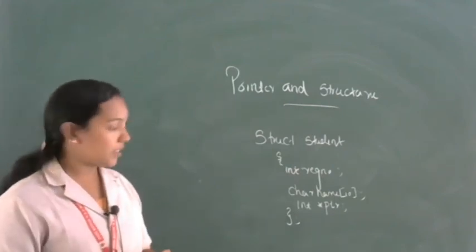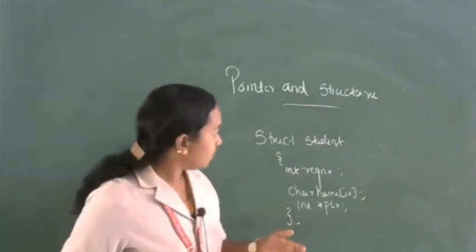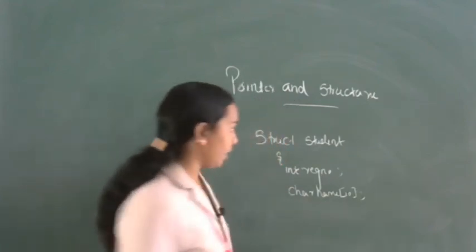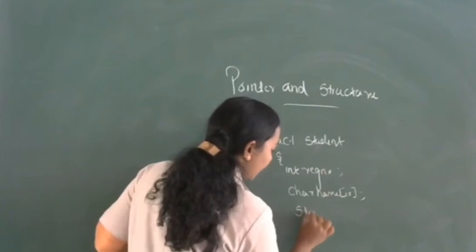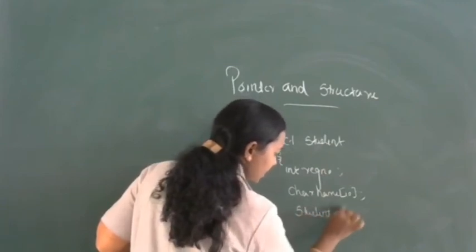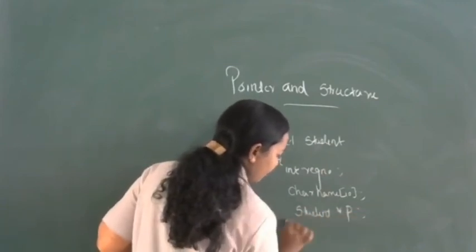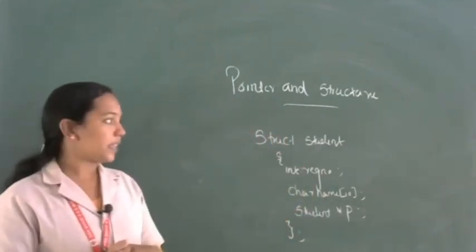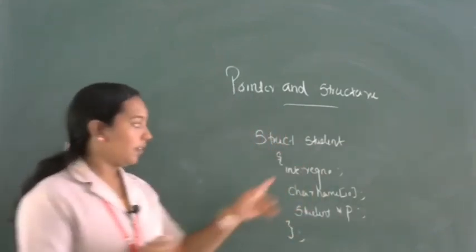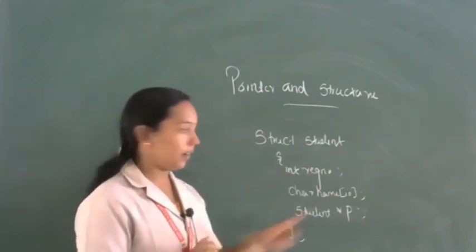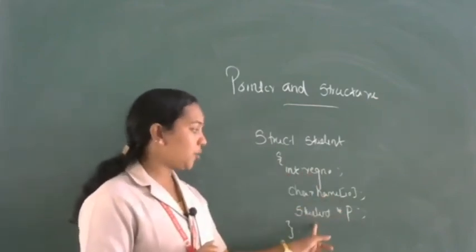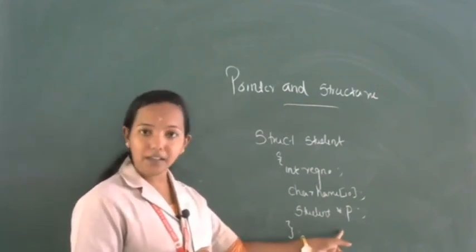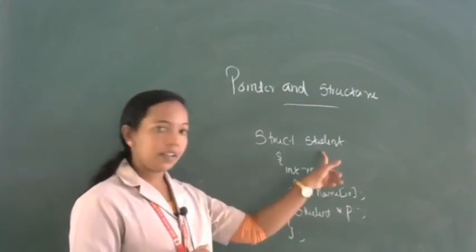Then next one, suppose here I am using one more pointer called student star p. Look at the structure. Struct student, int register number, name of the student, student star p. What does the student star p indicate? Here student is a structure.